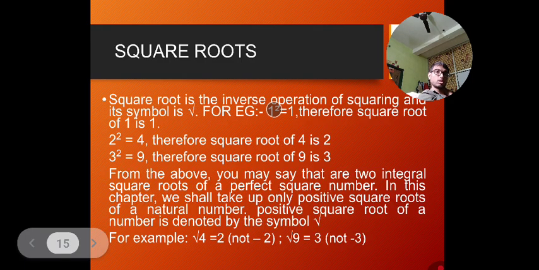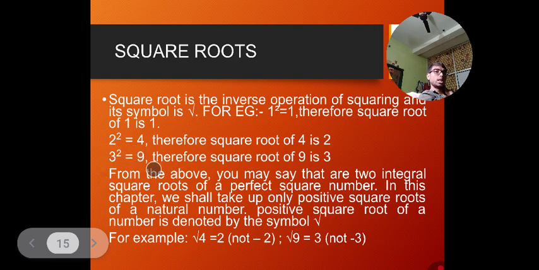For example, 1 raised to power 2 is equal to 1. Therefore, the square root of 1 is 1. 2 raised to power 2 is equal to 4. Therefore, the square root of 4 is 2.